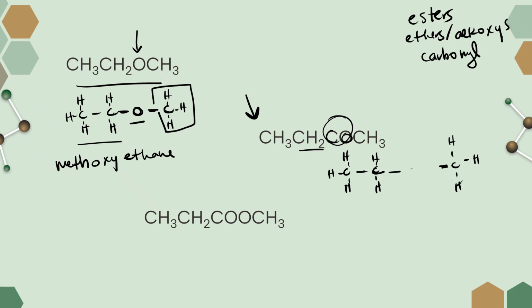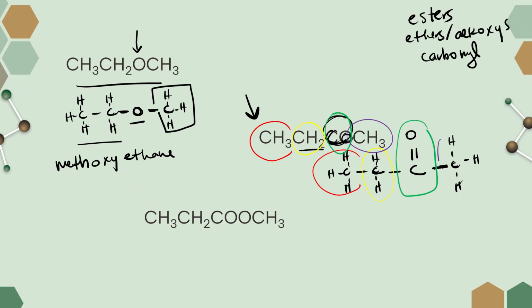So here we've got that C, and I'm going to make it a double bonded O and then back to our CH3. So here's CH3, CH3. Here's CH2, here's CH2. Here's that CO, and then we're going to wrap up with CH3, CH3.